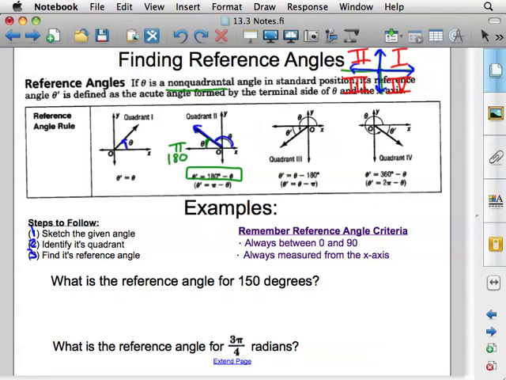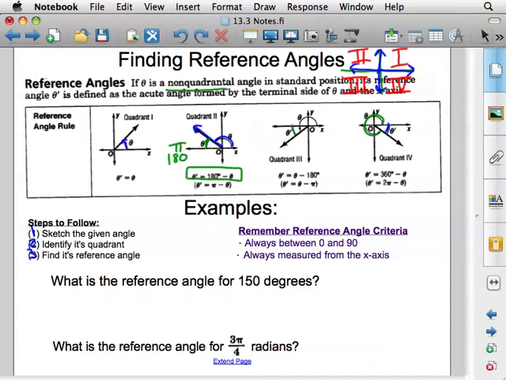This same thought process works in quadrant 3, where they're then coming back to 180 or pi. So in quadrant 3, we're going to take theta minus 180, or theta minus pi, depending if you're in degrees or radians. And finally, if we're in quadrant 4, it's going to be 360. So we wrap around with theta, and our reference angle would be whatever's missing to get you up to 360 or 2 pi. So let's go ahead and try this out.